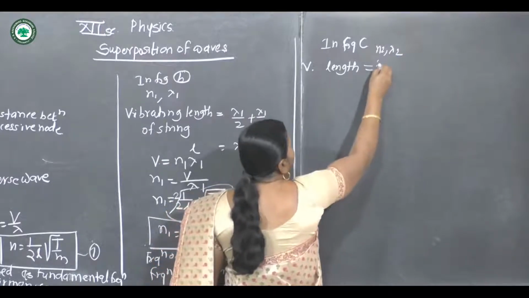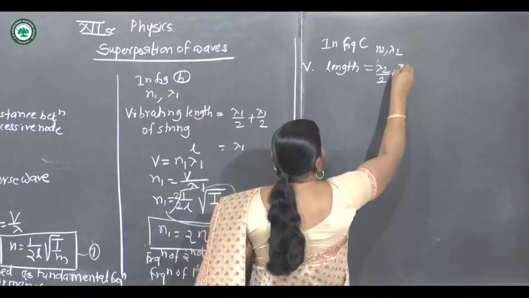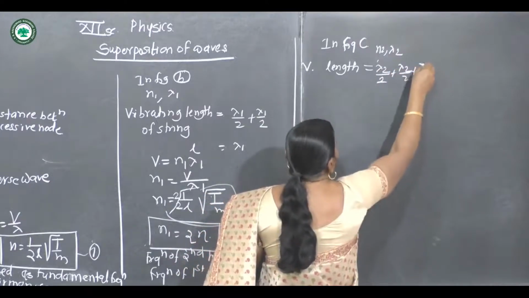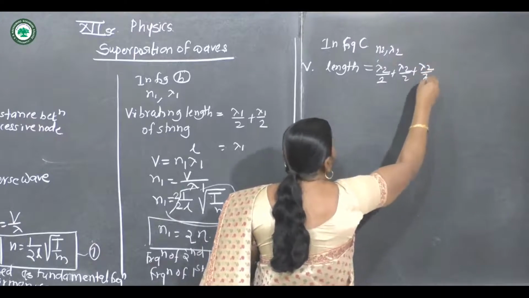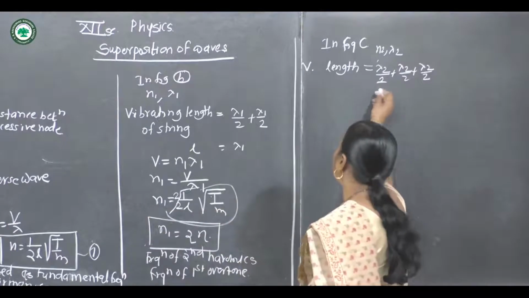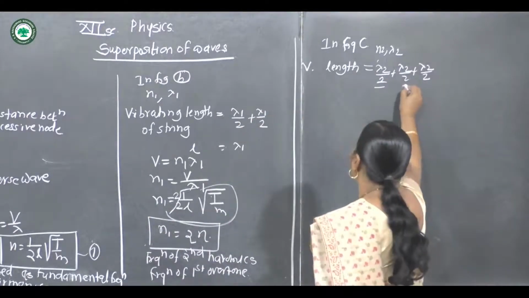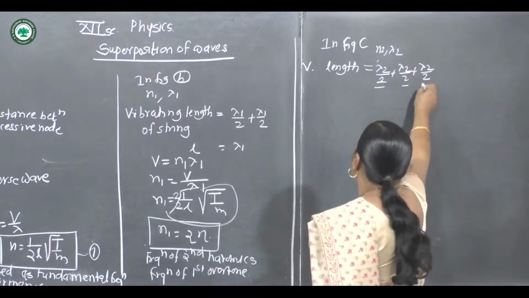Vibrating length is equal to lambda 2 by 2 plus lambda 2 by 2 plus lambda 2 by 2, since the distance between successive nodes is lambda by 2 for the first loop, the second loop and the third loop.